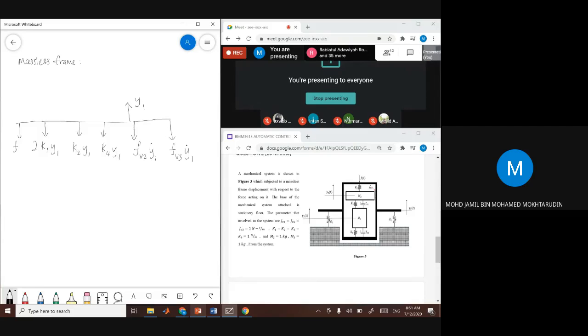So the other components are K2 Y2, K4 Y3, FV2 Y2 dot, and FV3 Y3 dot.